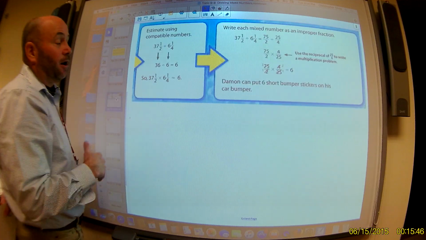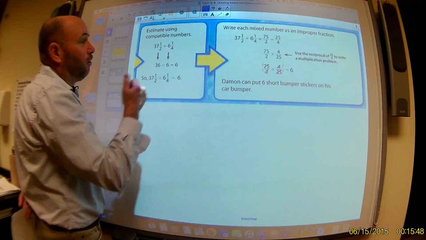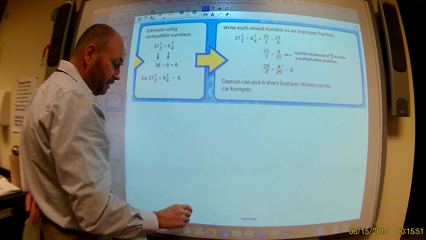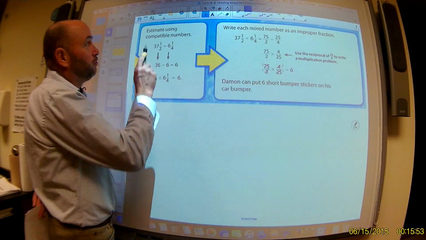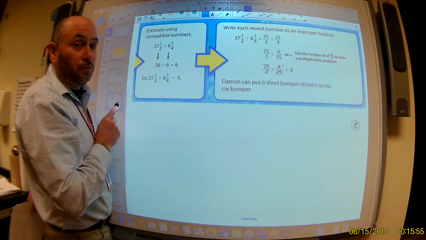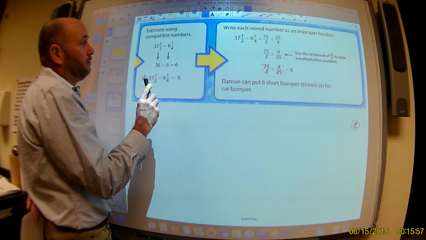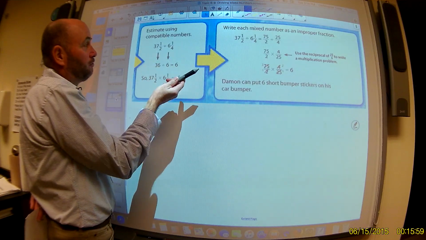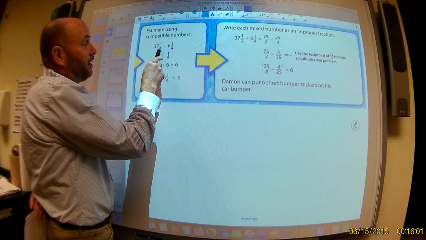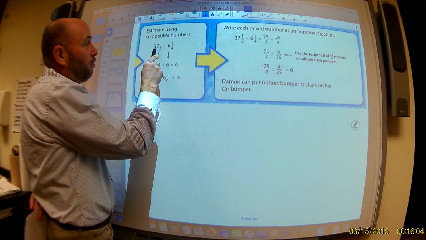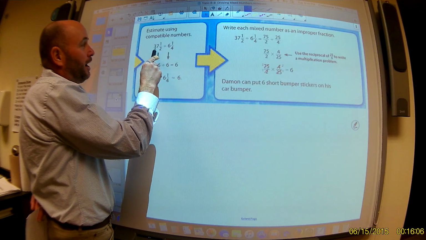So let's take a look at how the book shows how to solve a problem like this. The first thing they tell us we should do is estimate using compatible numbers. We have 37.5 and 6 1/4, so what number would be compatible with 6?